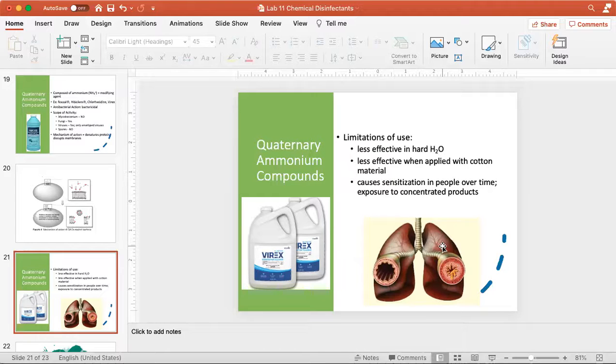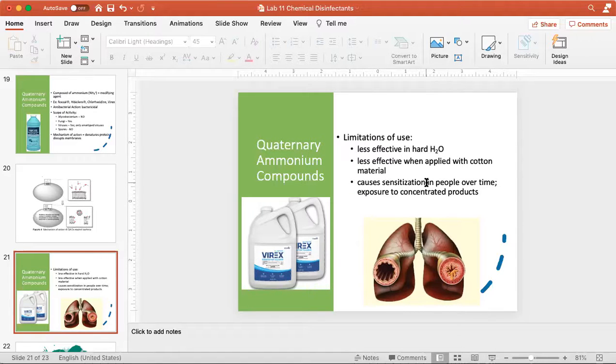In the lungs of people who breathe in the fumes of quaternary ammoniums, their airways just get thicker and thicker over time. That's what the artist is showing us over here. So instead of having a nice sort of narrow layer of tissue lining their airways, they have a much thickened layer of tissue.